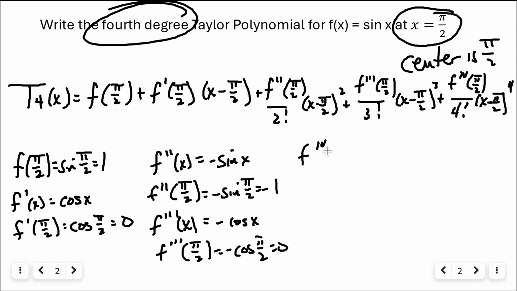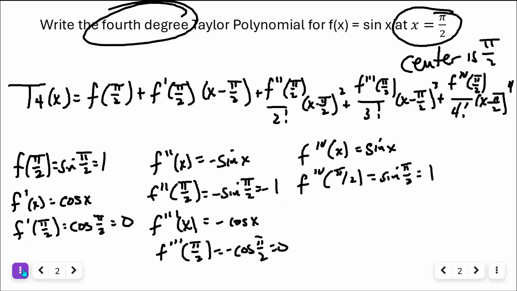And then the fourth derivative of x is, we're at negative cosine, so we'll be back to sine, right, for the derivative. And the fourth derivative evaluated at pi over 2 is sine pi over 2. That's 1.